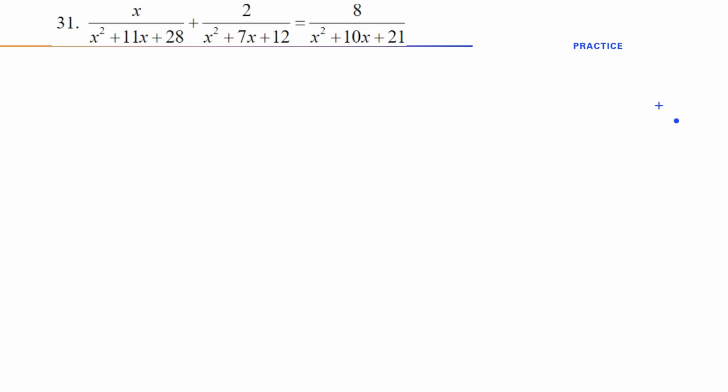Alright, we go back to this rational equation question. So, two numbers multiply equal 28, add up to 11, that's 7 and 4. Two numbers multiply to produce 12, add up to 7, so that's 4 and 3.